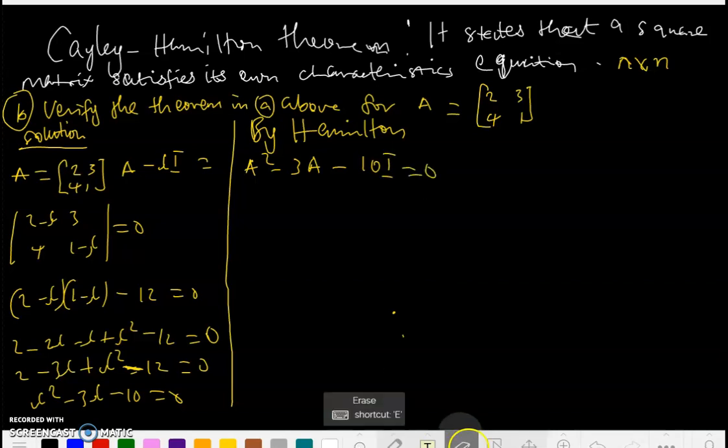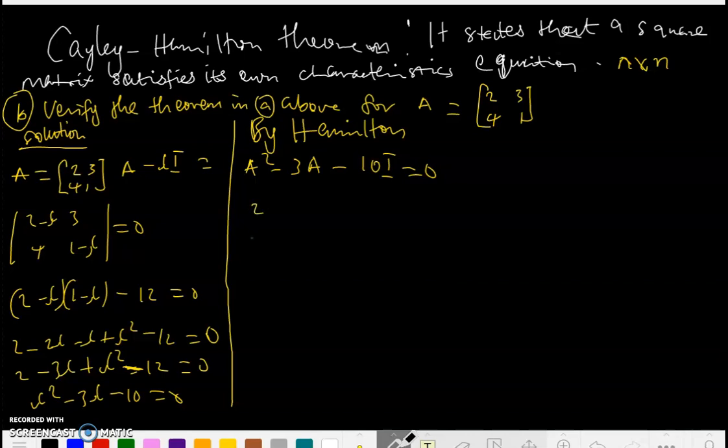So the idea is that at the end of the day, whatever we compute must be equal to 0. This is our matrix A, and we simply need to square it.